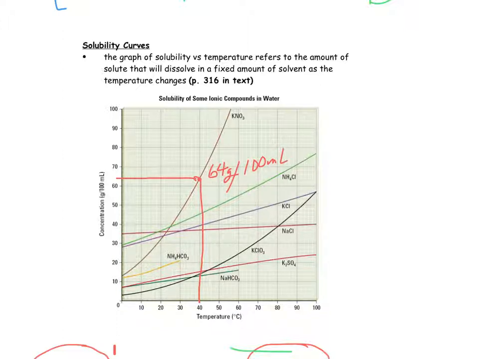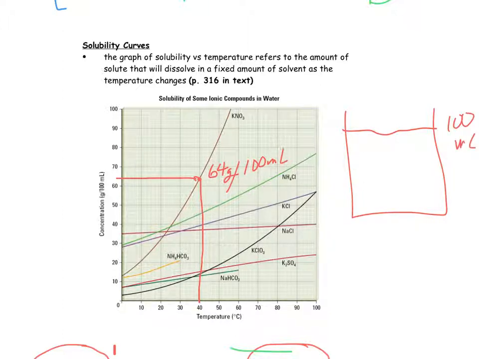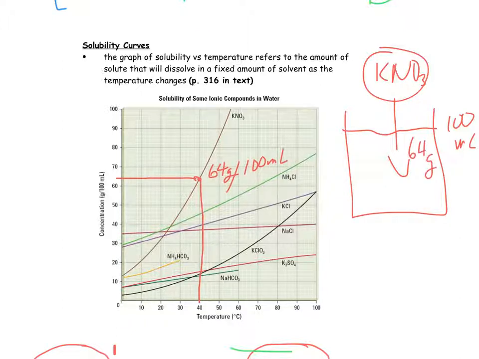So I have my 100 milliliters of water here. That means the maximum amount of potassium nitrate that I could dissolve without seeing a precipitate in the bottom would be 64 grams.